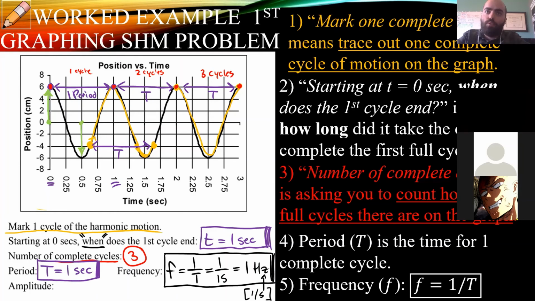So the amplitude going from 0 up to the peaks or from 0 down to the troughs, that distance from the equilibrium to our maximum or our minimum points is the amplitude, and that is 6 centimeters.